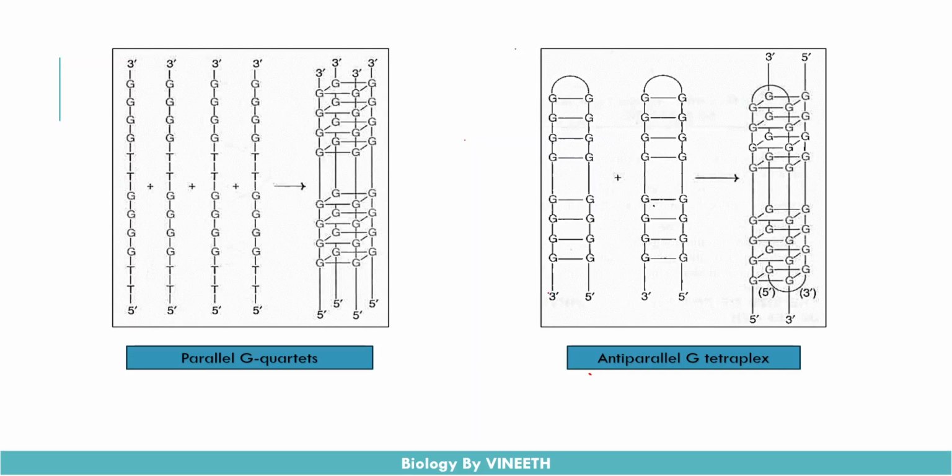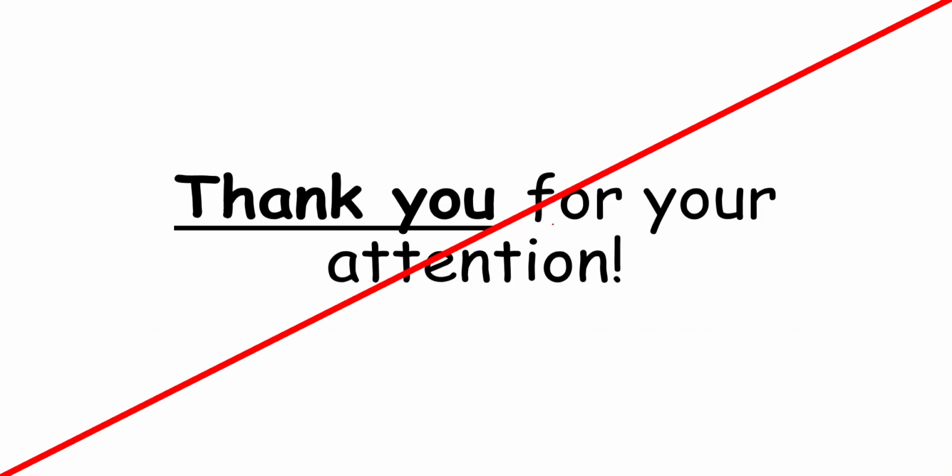One will go in this direction and this strand will go in the opposite direction, which will form the antiparallel G tetraplex. So this is about the structure, forms and conformations of the DNA. In the next class we'll be talking about the kinetic properties and kinetic classes of the DNAs.